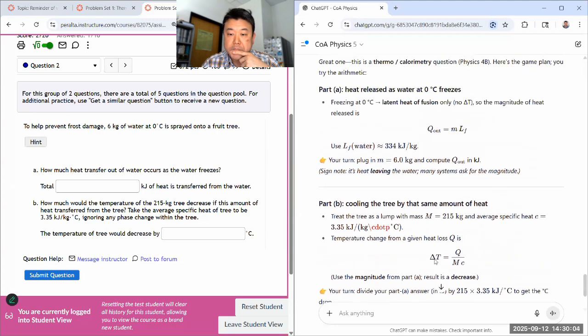So let me do part A. I'm thinking of if there's a mistake I can pretend to make. I think it's a little hard. So let me just do the multiplication.